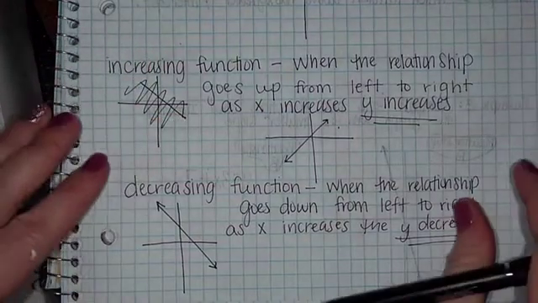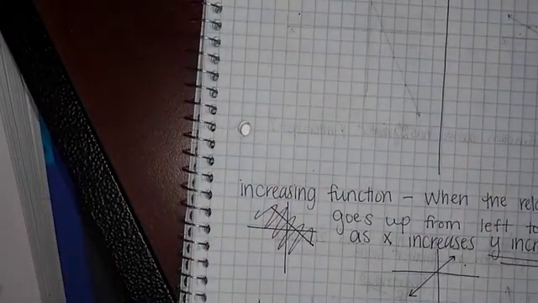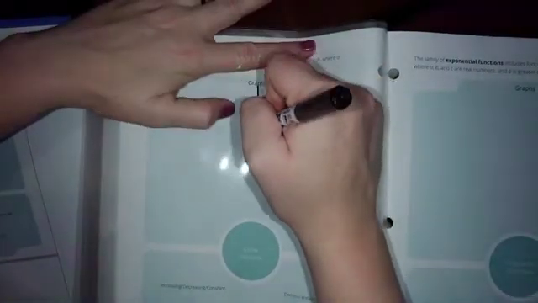Okay. All right. So now I'm going to go to page M156. And we're going to actually do what I had in that notebook, but I'm going to do it on this graph.